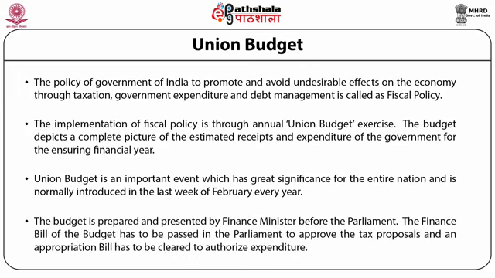The budget is prepared and presented by the Finance Minister before the Parliament. The finance bill of the budget has to be passed in the Parliament to approve the tax proposals, and the appropriation bill has to be cleared to authorize expenditure.